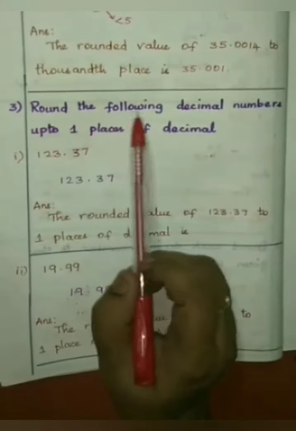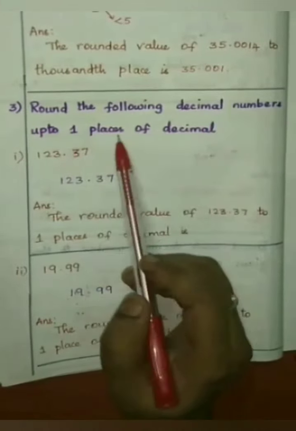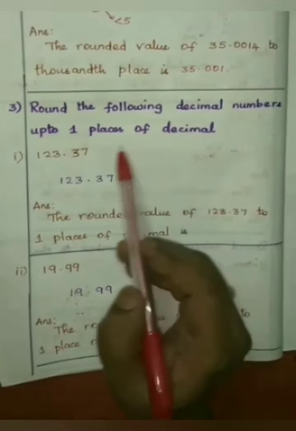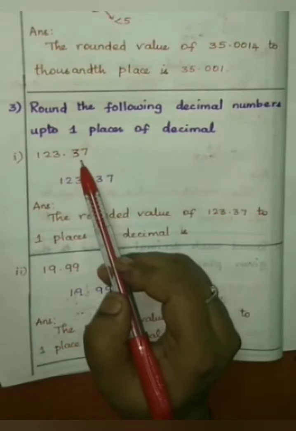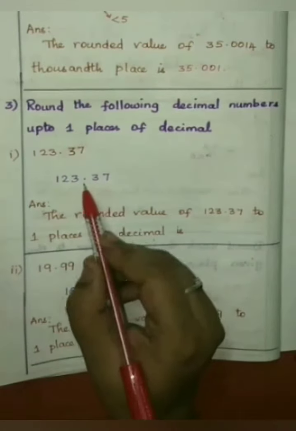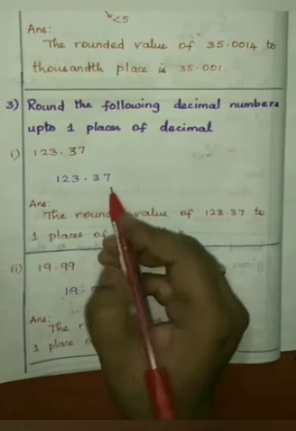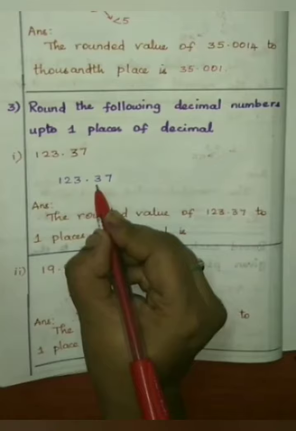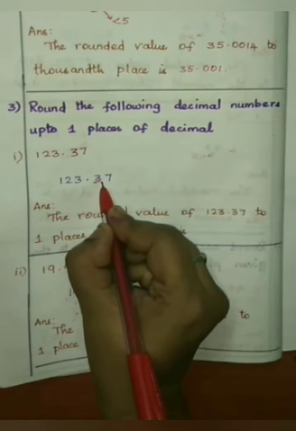Third problem, round the following decimal numbers up to 1 place of decimal. So this means we are asked to round the following decimals to the 10th place. Which digit is in 10th place? Here 3 is in 10th place. So underline 3.